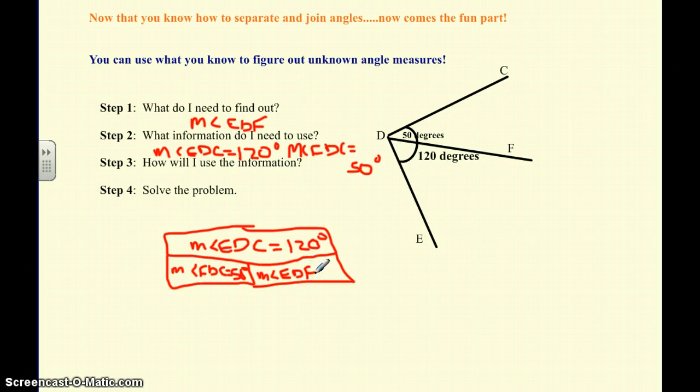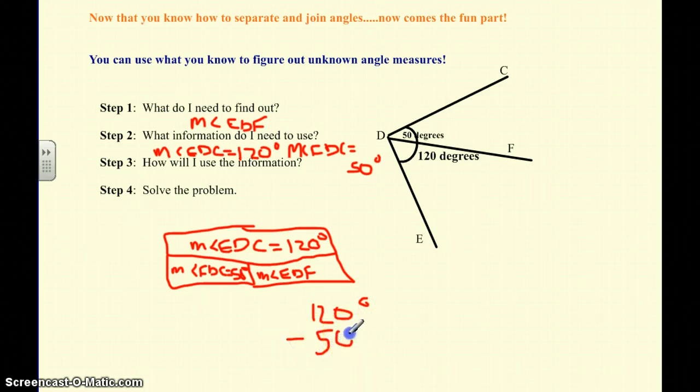Okay, so I know that this number is going to be smaller than 120, because 120 minus 50 is going to give me this number. Because remember, there's two ways to get smaller numbers here, divide or subtract. And division really doesn't make sense here. So we're going to subtract. We have the total, 120 degrees, minus 50.